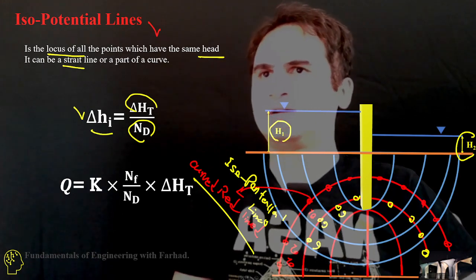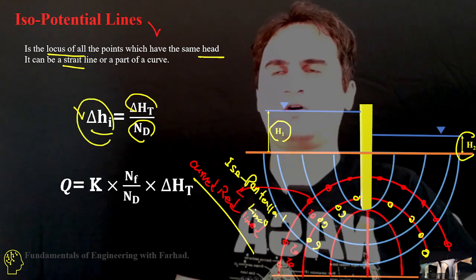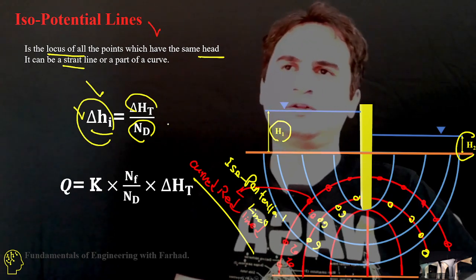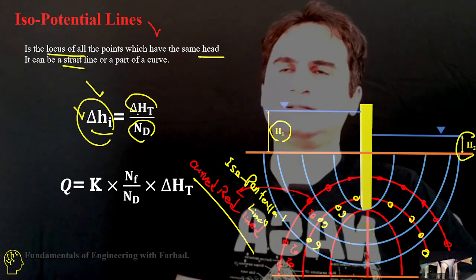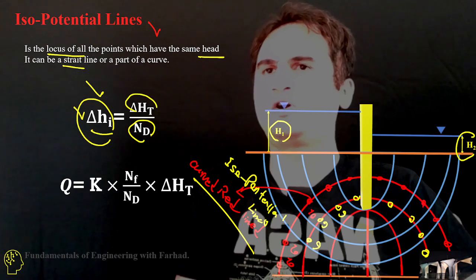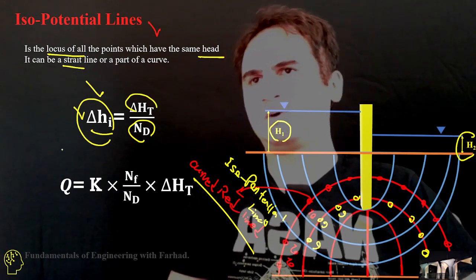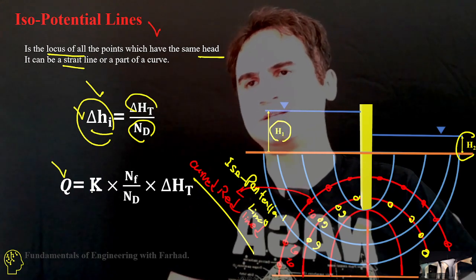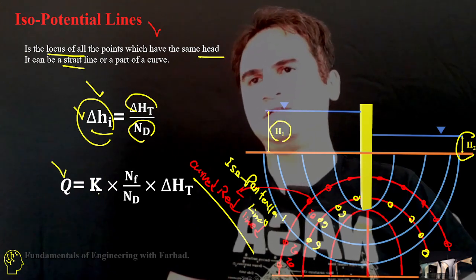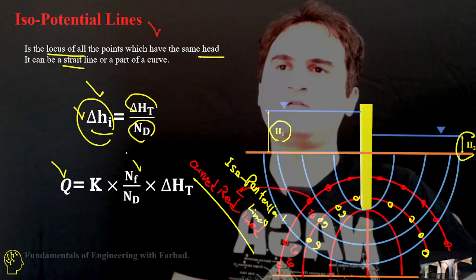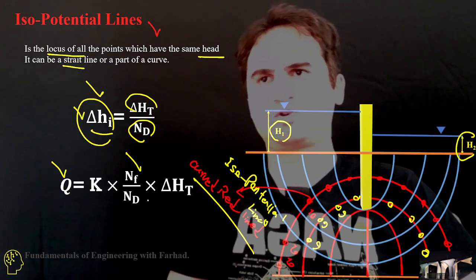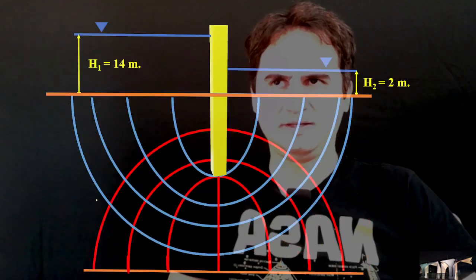The amount for each delta Hi is the total head of water over the number of drops. We talk about it later, and also this discharge is hydraulic conductivity K times number of flow channels over number of drops times delta H total. We'll talk about this one in detail as well.